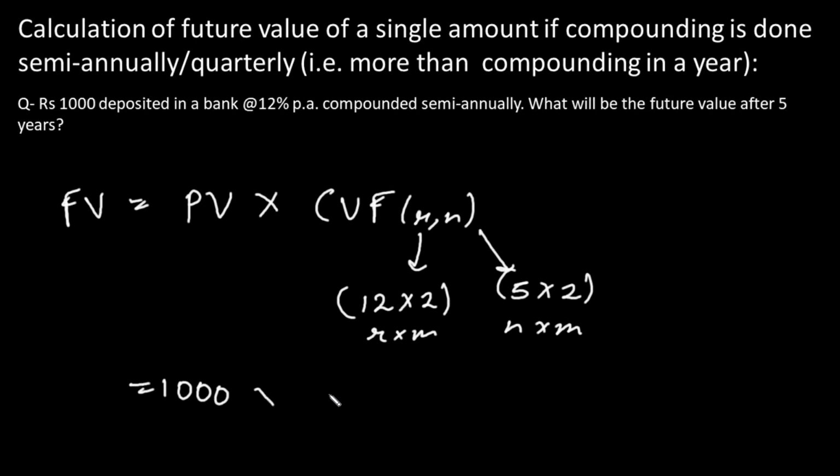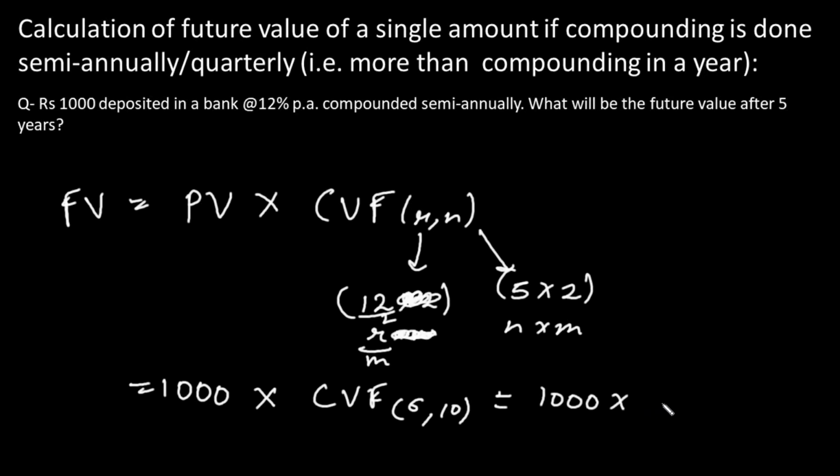So 1000 into CVF, sorry, this would be R upon M. So this would be 6 and 10. So as per the CVF table, this amount is 1.791. So future value would be 1791 rupees. Right?